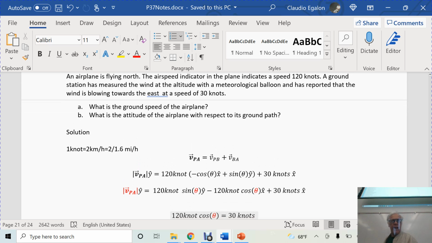Don't forget the point P with respect to B. So we have something like that: the ground referential A and referential B. Velocity of B with respect to A. And then we have the airplane somewhere around there.